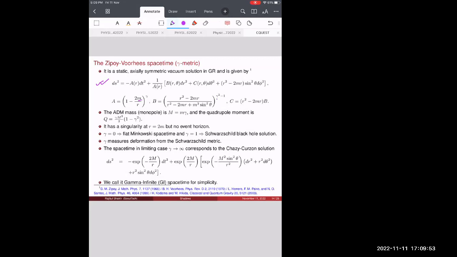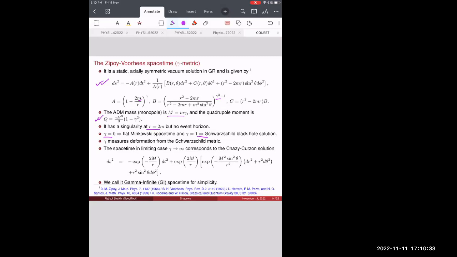The parameter m is related to the ADM mass, which is the monopole term, and gamma is related to the quadrupole moment through this expression. If we put gamma to 0, we get the flat Minkowski space-time, and if we put gamma to 1, we get the Schwarzschild black hole space-time. Therefore, gamma measures the deviation of the space-time from the Schwarzschild metric. This space-time has a singularity at r equal to 2m, but it doesn't have any event horizon.